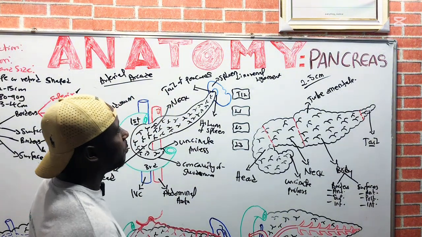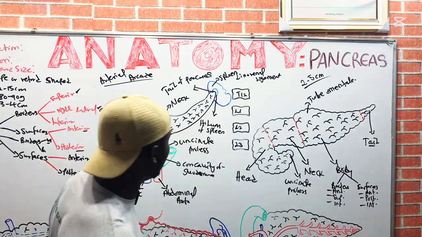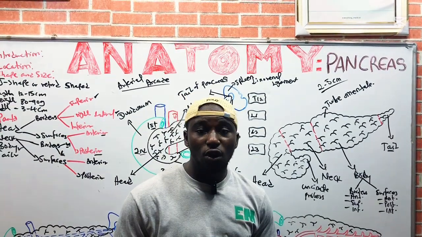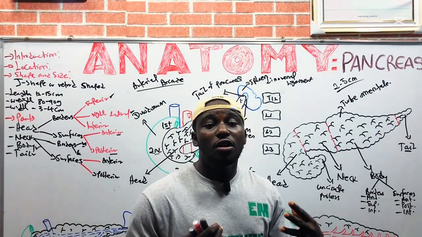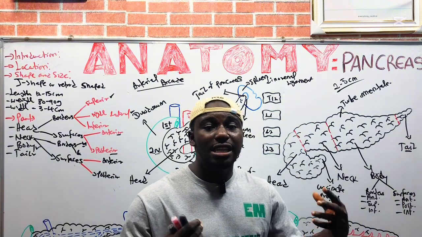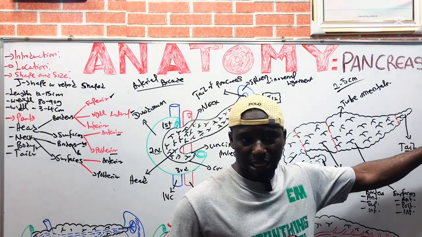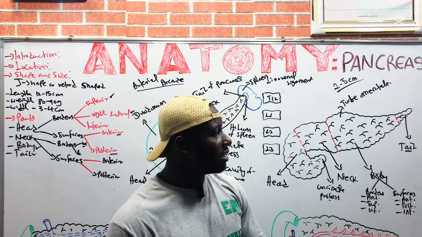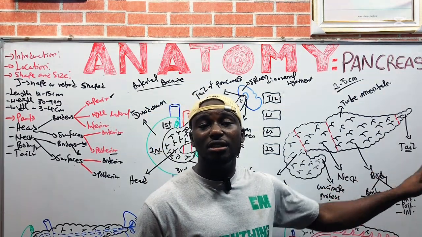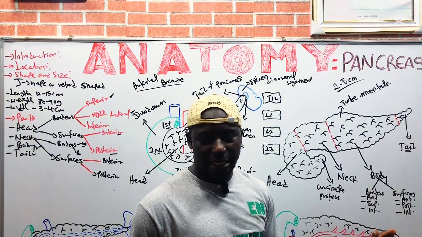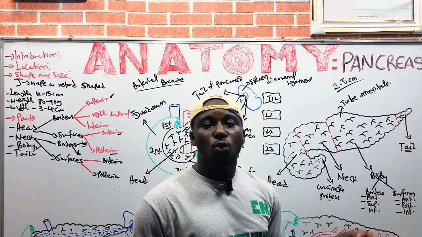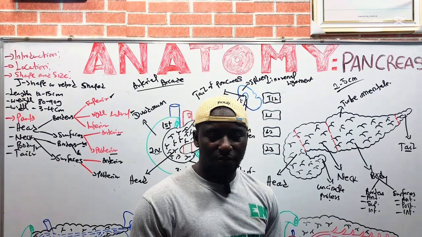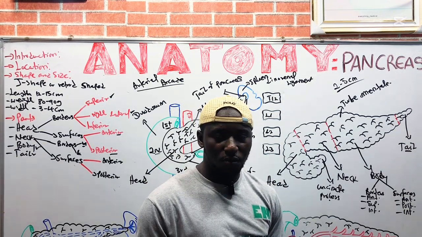I've said it previously, the lienorenal ligament. So the tail of the pancreas is the narrow left extremity of the pancreas. You can see it is found on the left aspect because the pancreas lies in this manner on the posterior abdominal wall. It lies in the lienorenal ligament along with the splenic vessel.